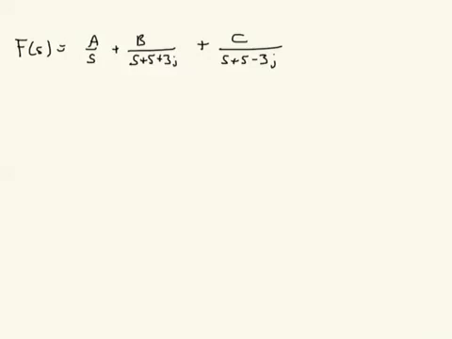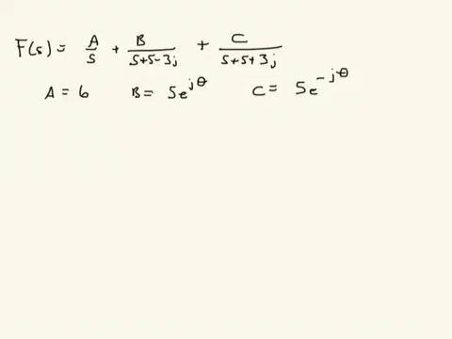Whoops, I think I reversed how I defined those. So this was a minus, and this was a plus. Okay, and I know that A is equal to 6, and B is equal to 5e to the j theta, and C is equal to 5e to the minus j theta.